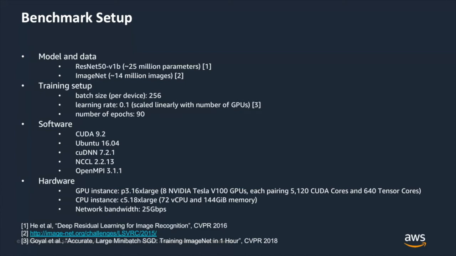So here is our benchmark setup. We use the model ResNet-50 version 1B. I think it has the same number of parameters as the original version. The input data is from ImageNet, which has around 14 million images. In our training, we use the SGD optimizer, and the batch size is 256.